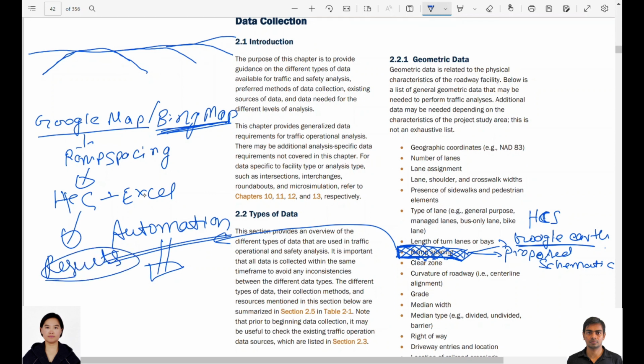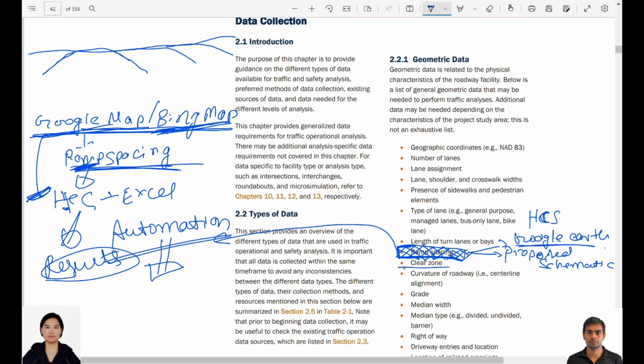However, what we are doing is moving from Google Maps without calculating ramp spacing, or indirectly having this information, feeding it directly to SCS and Excel without actually writing them down. We just take these maps, do some automation, or we do some tricks and then move it to SCS without actually having to compile this data and get the results.